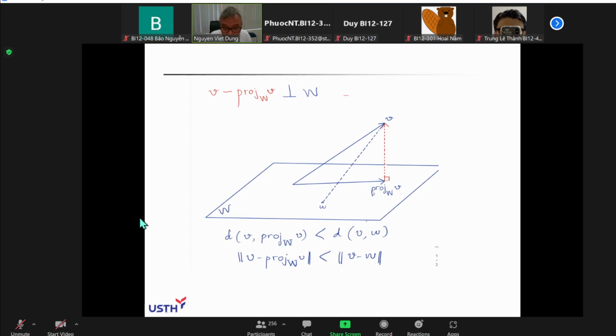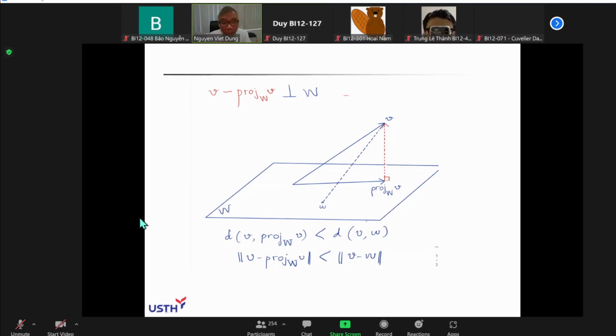I write it as the projection of v on W. Now we consider any w in the same subspace but different from the projection. Then, obviously, the distance from v to that point is always less than the distance from v to that point.